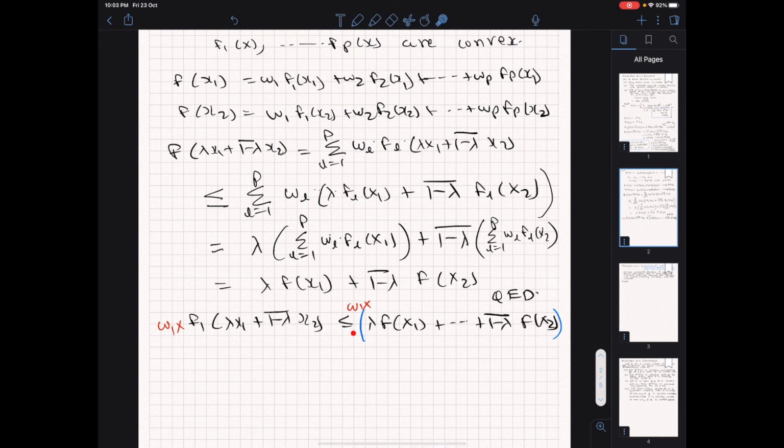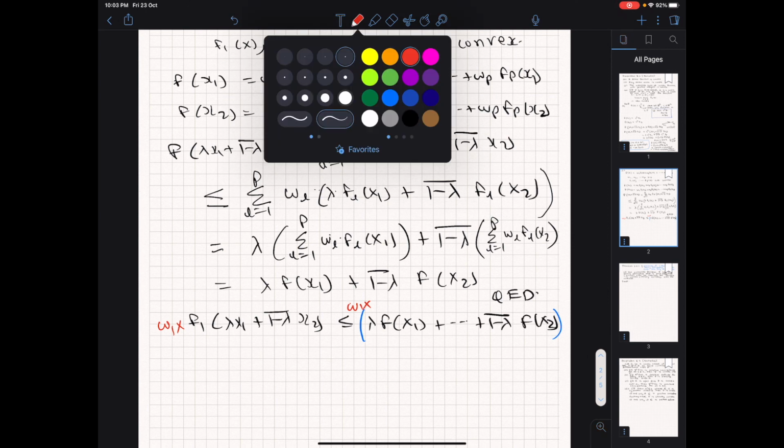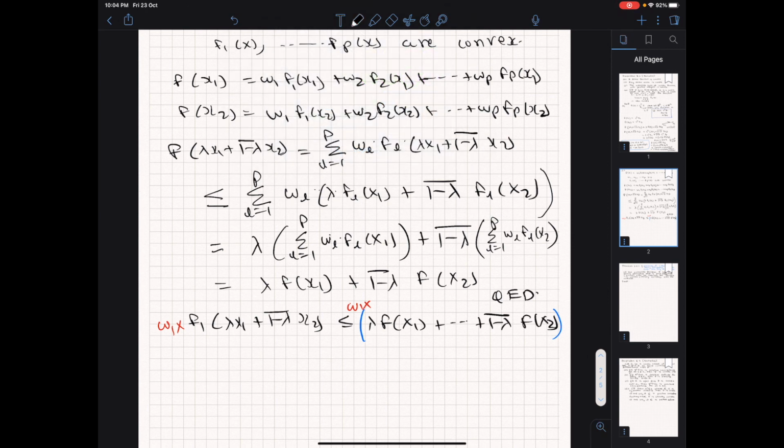This would have become greater than or equal to, and if that had become greater than or equal to, then what I am doing right now is similar.